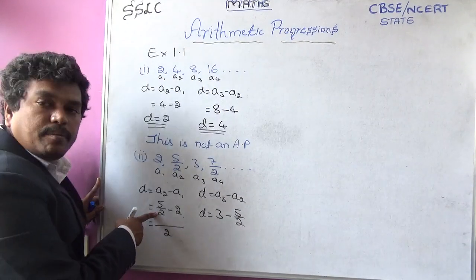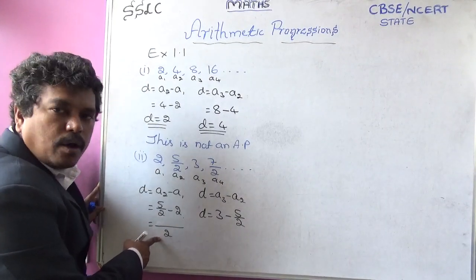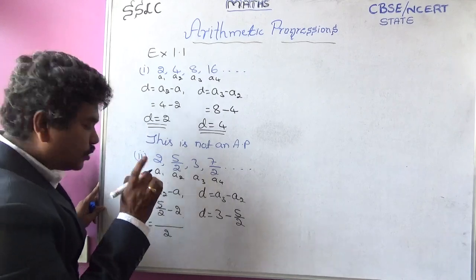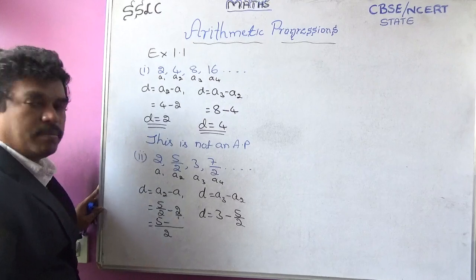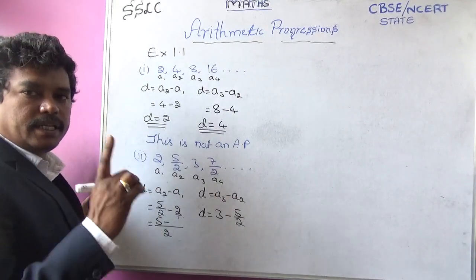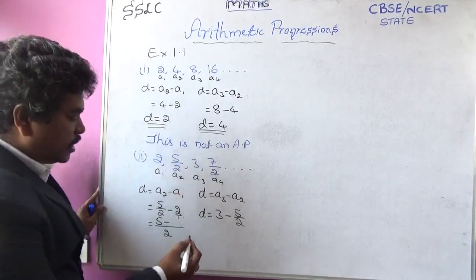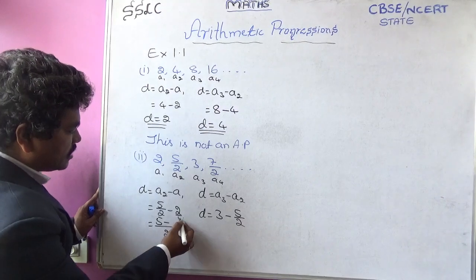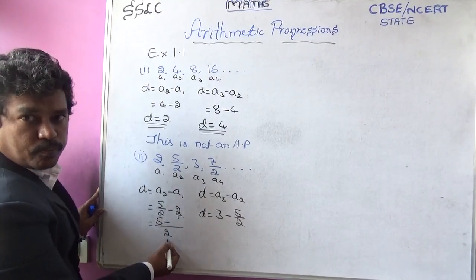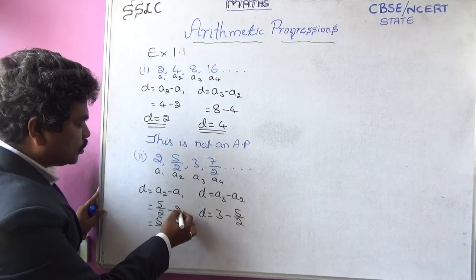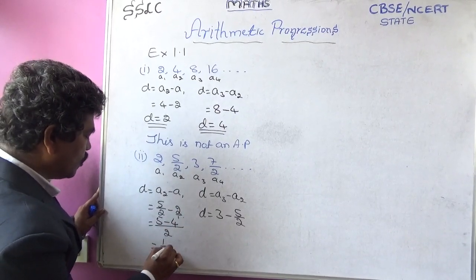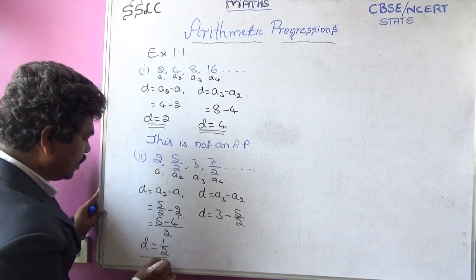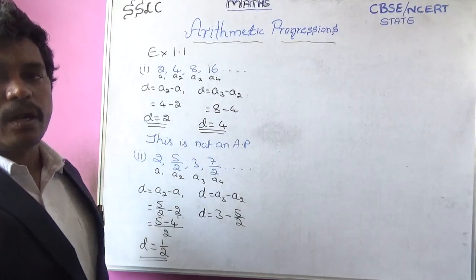If the same denominator comes under the LCM, you write the numerator as it is. 5 as it is. Minus 2, where there is no denominator written, it is 1. So you divide this LCM by 1: 1 twos are 2, then multiply by 2, 2 twos are 4. That gives you 5 minus 4, 1 by 2. Here the value of D is equal to 1 by 2, or half.